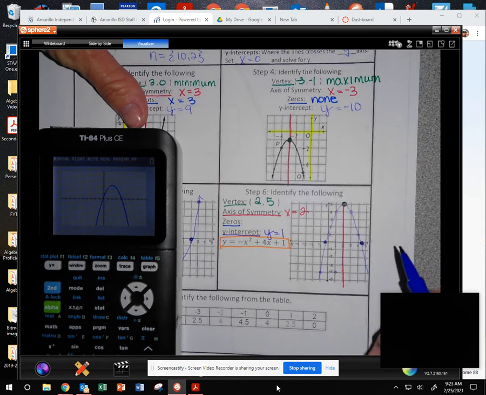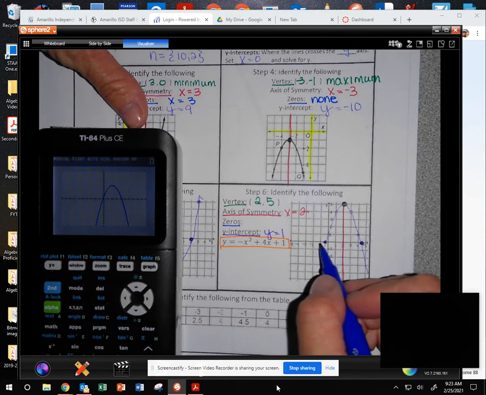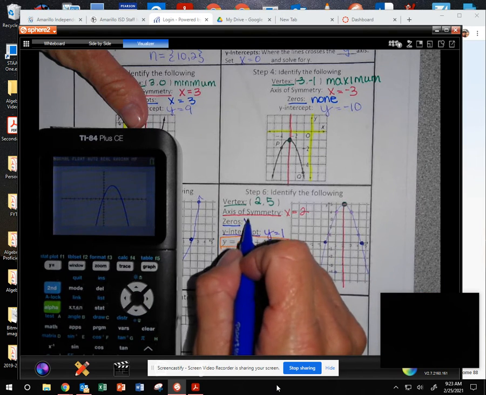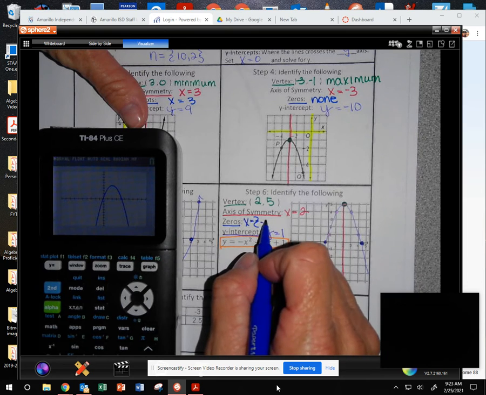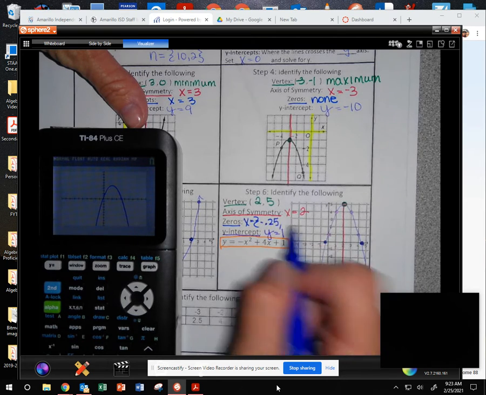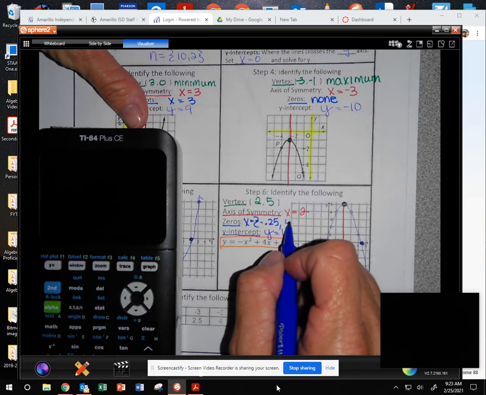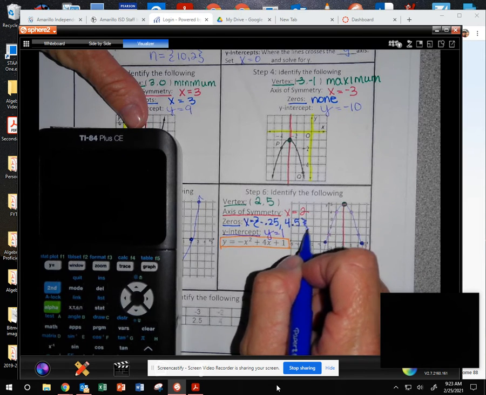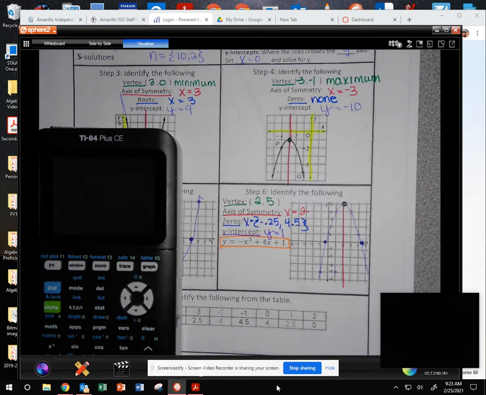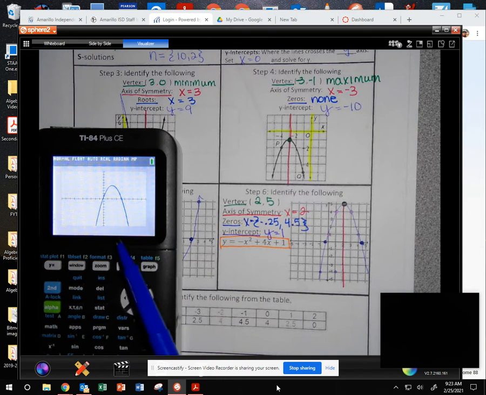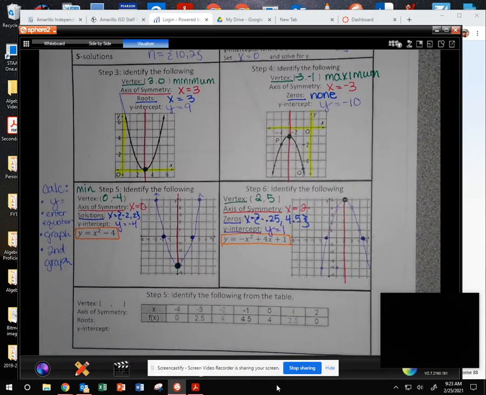My zeros are also my x-intercepts. So it looks like x is going to equal, that's not quite in the middle, a -0.25, and that is probably more in the middle, so a +4.5. Okay? So sometimes you're going to have to just calculate and look at your graph. Sometimes you're going to be able to look at your table to figure out what all of this is. Okay? All right. Let's go down here and look at a table.